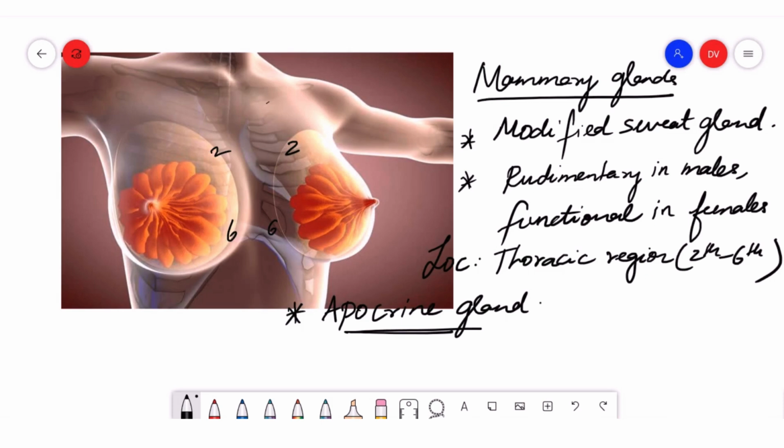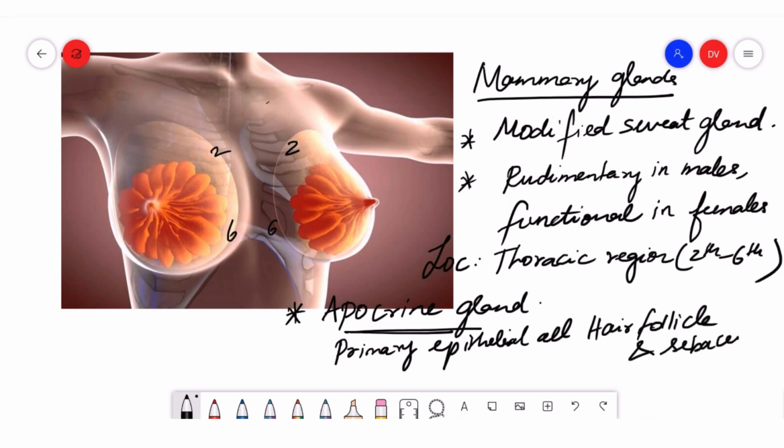But what is the reason behind it? They are basically derived from the primary epithelial cells, and this apocrine gland comes along with the hair follicle and the sebaceous gland.